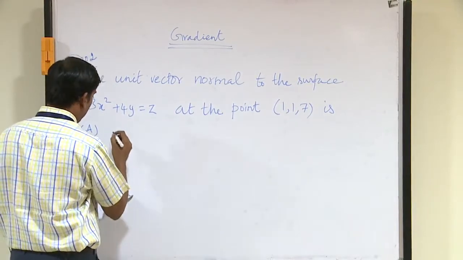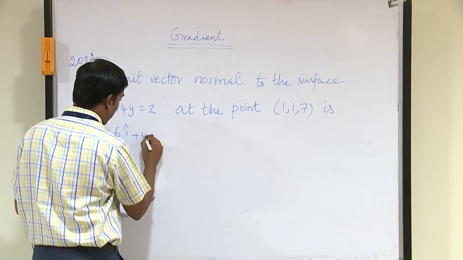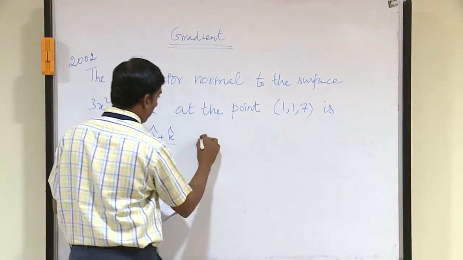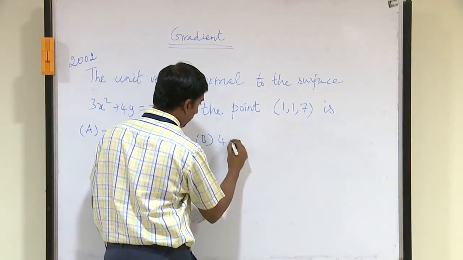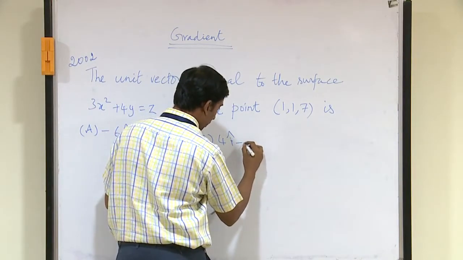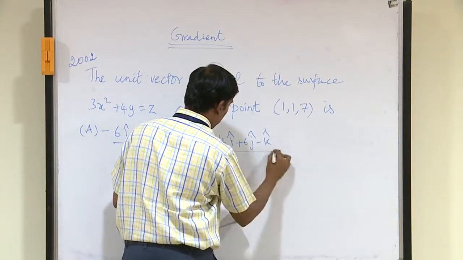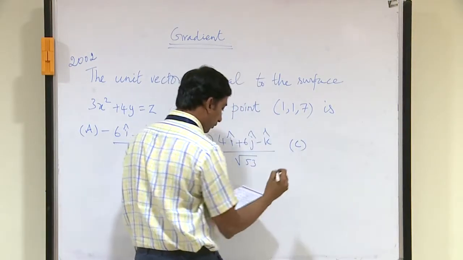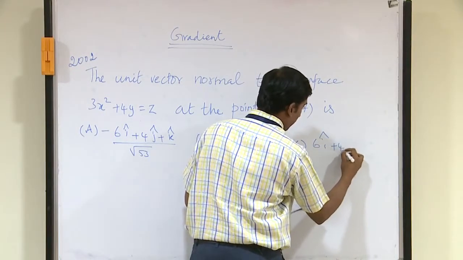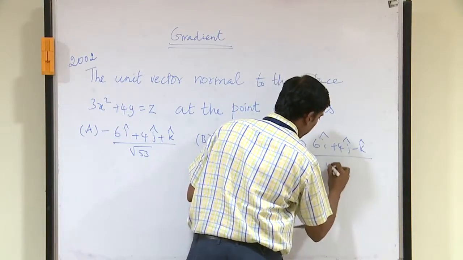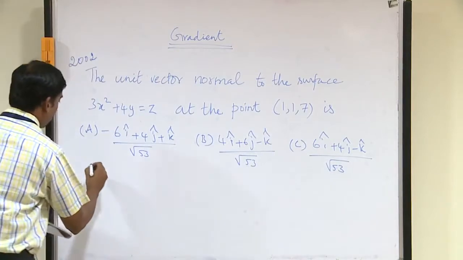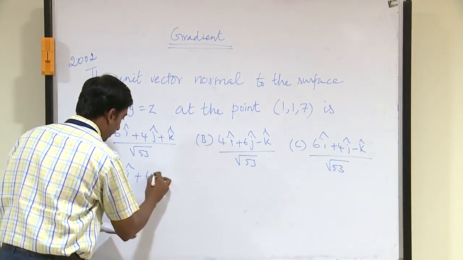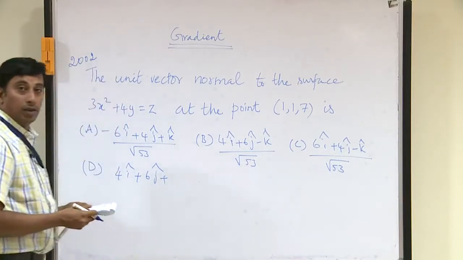So the answers given are 6I cap plus 4j minus k divided by square root of 53, and 4I cap plus 6j plus and so on.